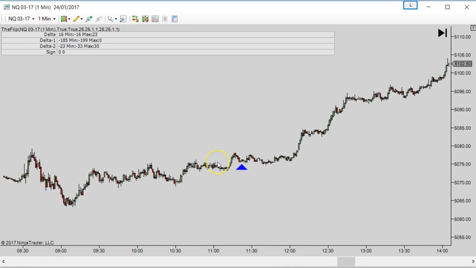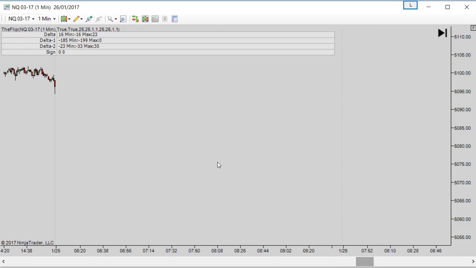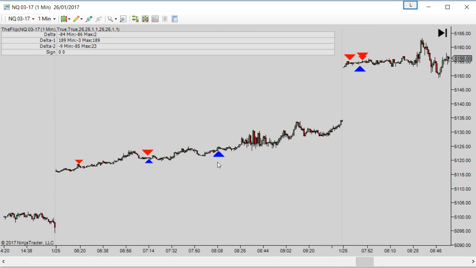This was a nice one here. Literally, you just get one sign like that. Here's the market just sort of going sideways.